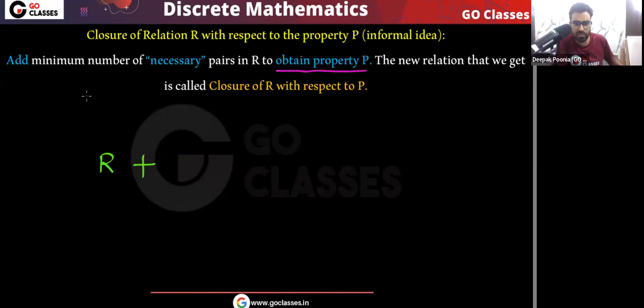Now, to obtain property P, what we need to do? We need to add only the necessary pairs in R. So what we will do? In this relation R, we will add, not remove. We will add. This is the first thing. We will add minimum number of necessary pairs.